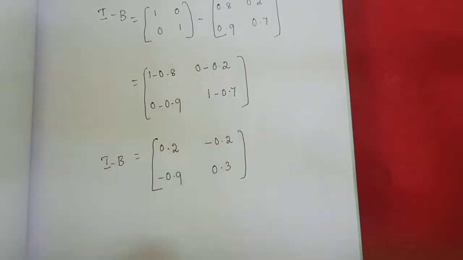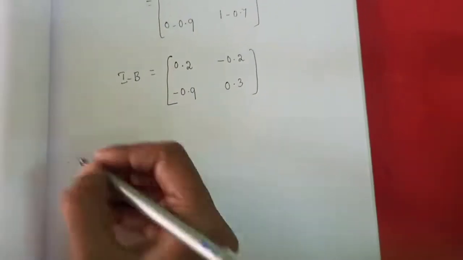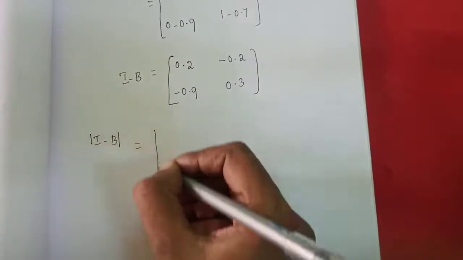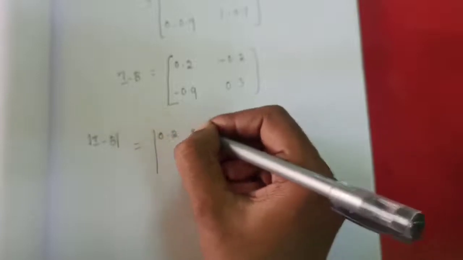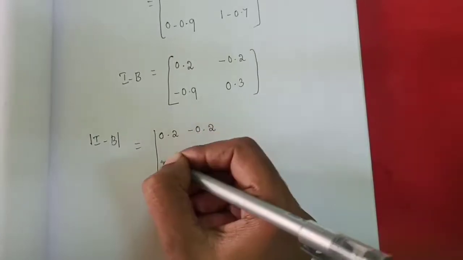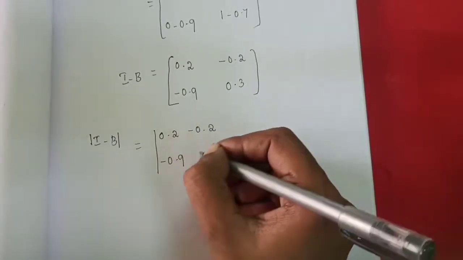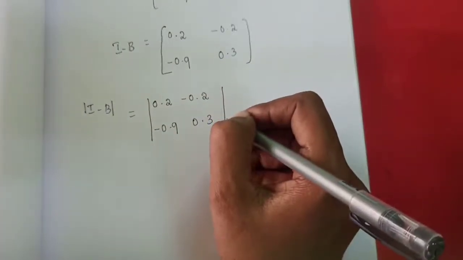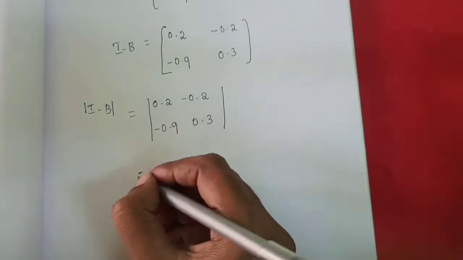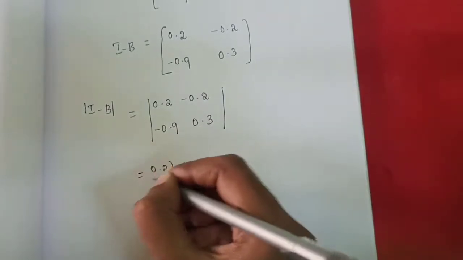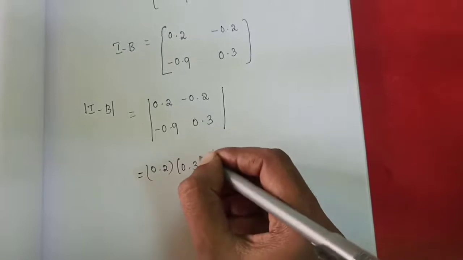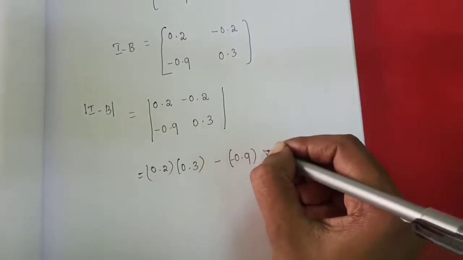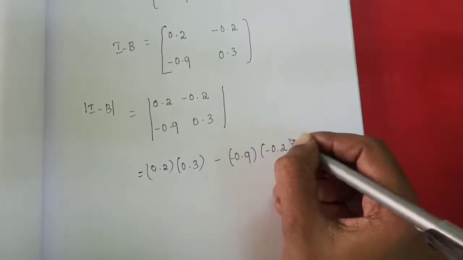Now we need to find the determinant value. So the determinant of I minus B is equal to the determinant of 0.2, minus 0.2, minus 0.9, 0.3. How will you find the determinant value? You just cross multiply. That's equal to 0.2 into 0.3 minus 0.9 into minus 0.2.